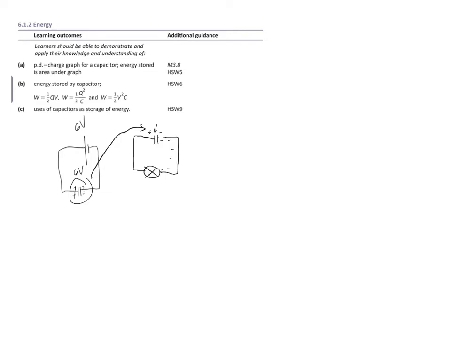So the idea is that the energy stored by the capacitor is now being transferred electrically to the light bulb, and then the light bulb uses that energy to emit light waves, and also in the form of heat, so mostly infrared radiation. So we have the electrons that have built up on one of the plates of the capacitor.